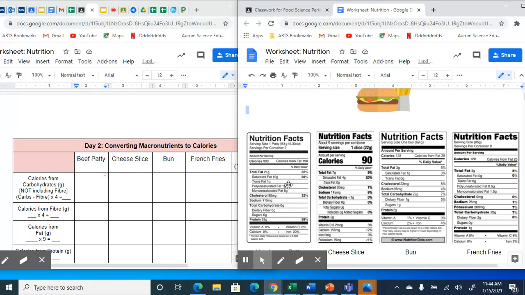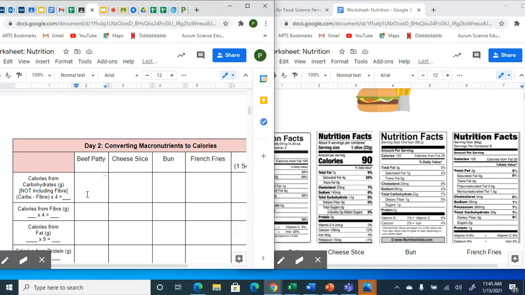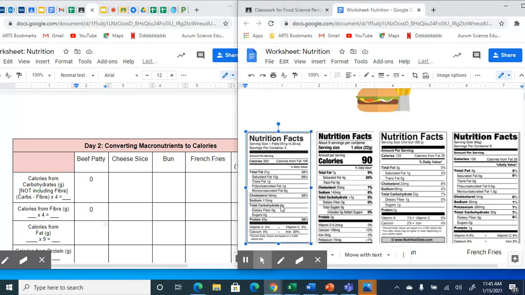So if we look at the patty, calories from carbohydrates, it's 0 grams for carbohydrates. So this one is still 0. Calories from fat, where is the fat? Oh, 21 grams.